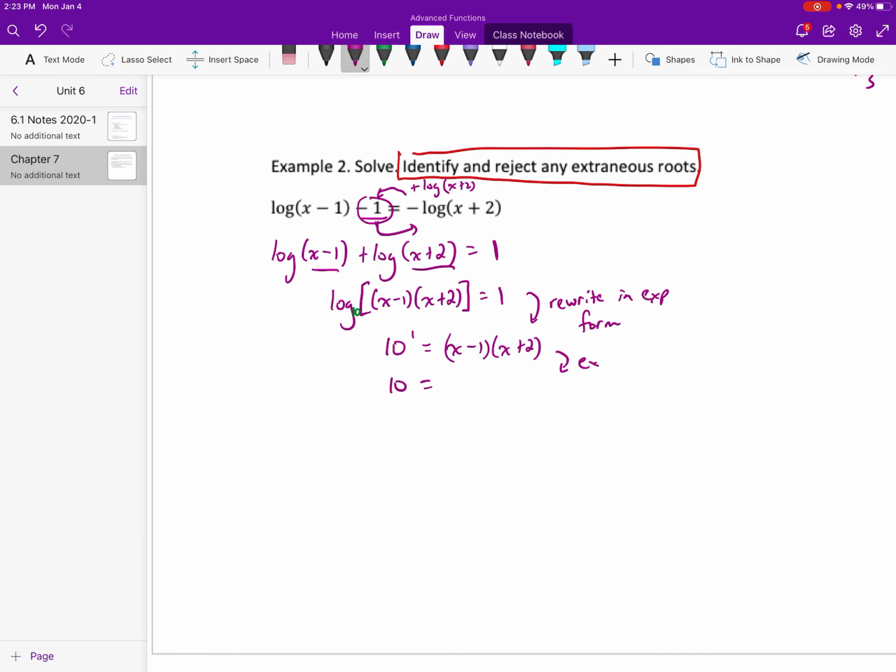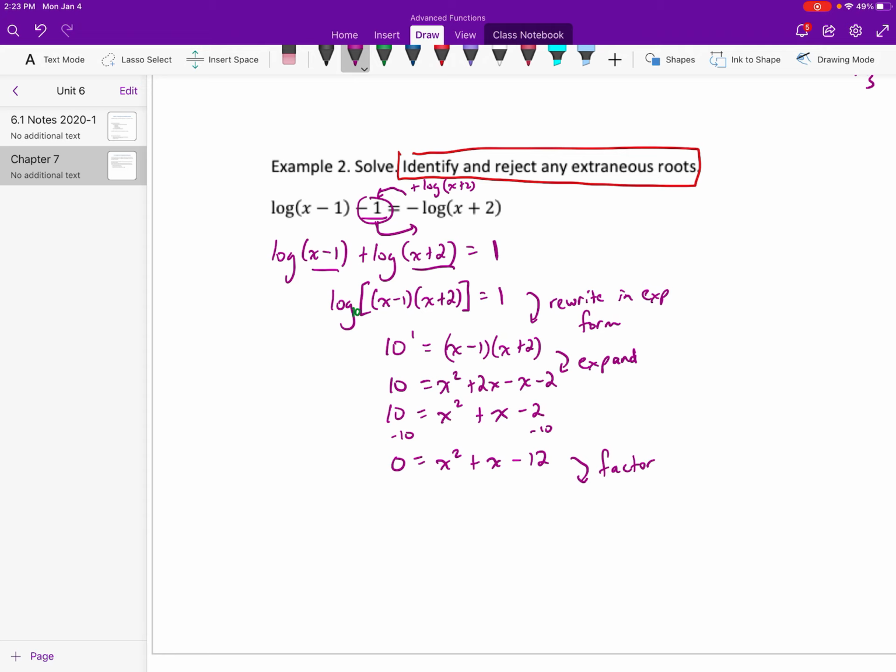And if we expand this, we get x squared plus 2x minus 1x minus 2. And we can collect like terms, so we get x squared plus x minus 2. And then bring the 10 to the other side here, and we get 0 equals x squared plus x minus 12.